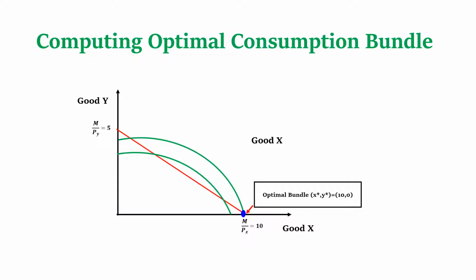Now, the price of good X is $1. The price of good Y is $2.